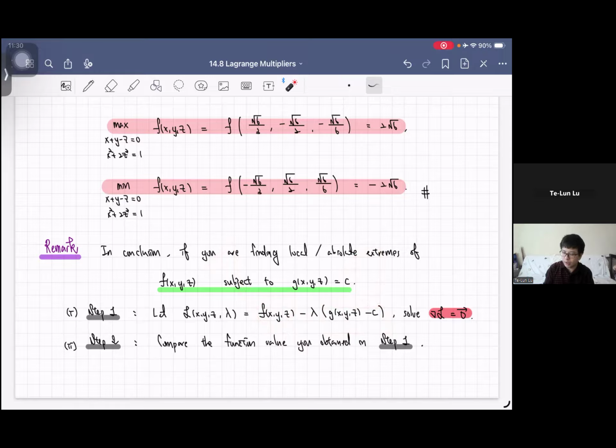And we solve the critical points of L, where the gradient of L has to be 0. After having those critical points, you plug them back into the function f and list down every possibility of the function value. The maximized will be maximum. The minimized will be minimum.